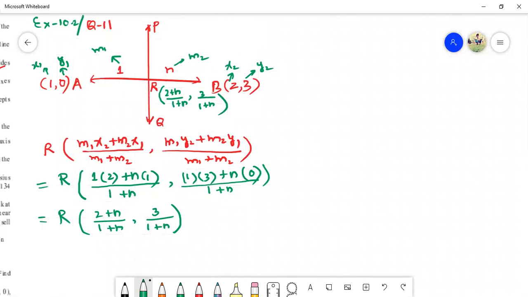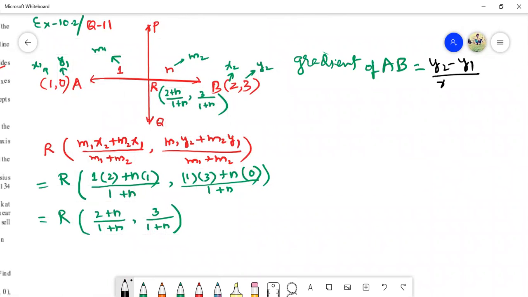The product of the gradients. That means first find the gradient of AB. Use this formula, y2 minus y1 divided by x2 minus x1, because it is passing through 2 points.